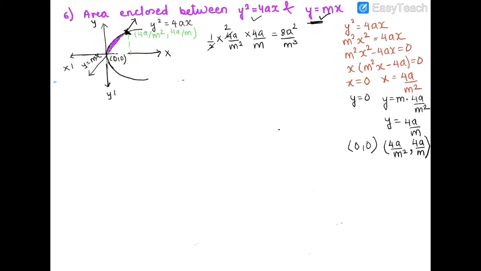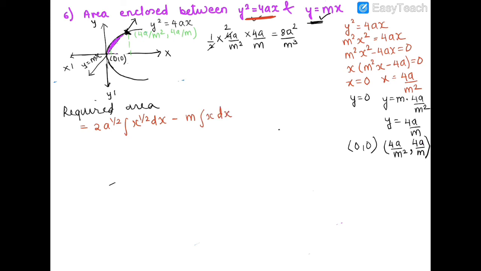So therefore, the required area is equal to area below the curve. कर्व की equation क्या है, ये है. तो y की value क्या हुई, 2 and a to the power half and x to the power half dx minus area below the line. लाइन की है mx, तो m constant है इसलिए उसको बाहर लिख रही हूँ, dx.